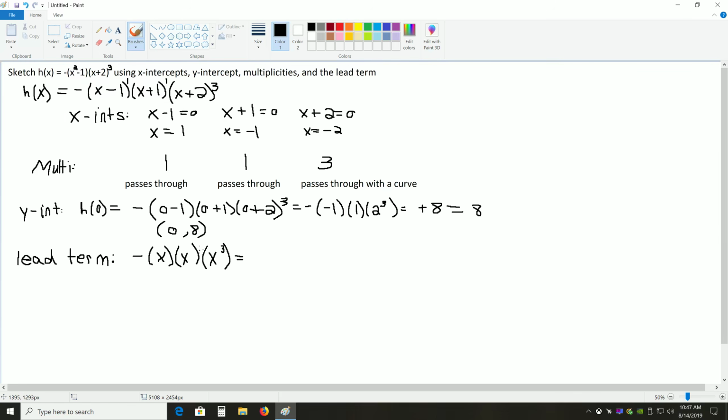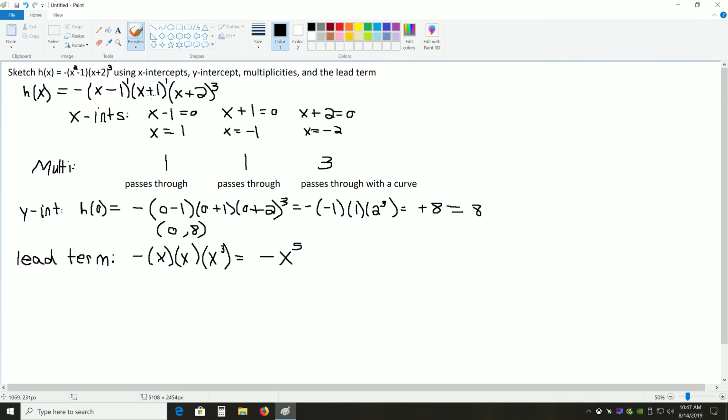So when we multiply all of our lead terms together, or all of our largest exponents together, we get negative times x times x times x cubed, or negative x to the 5th power is the lead term of this polynomial.